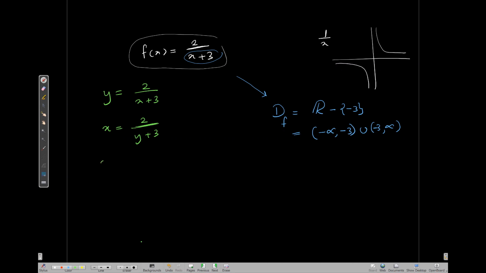So x times y plus 3, using parentheses, equal to 2. Then I again divide both sides by x, and I get y equal to 2 over x minus 3. Now this is your inverse function.